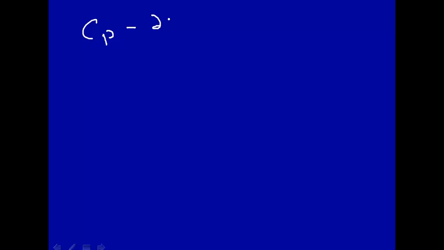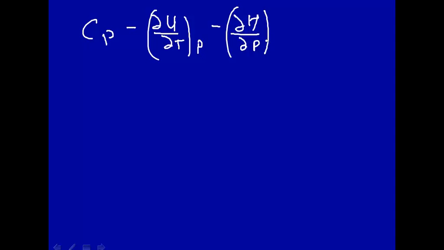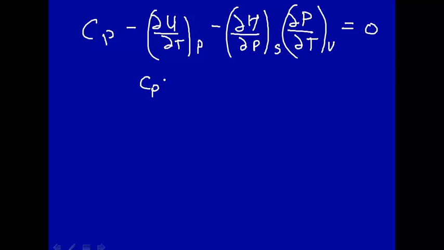Cp minus how U changes with temperature at constant pressure minus how H changes with pressure at constant entropy, and then how P changes with temperature at constant volume. We want to show that is equal to 0. Okay, remember that Cp is how H changes with temperature at constant pressure. That's our definition of Cp.